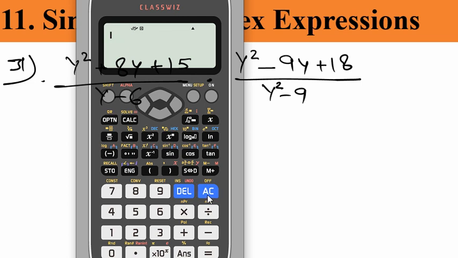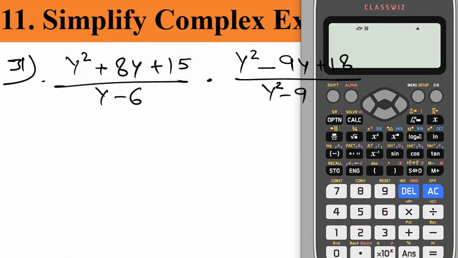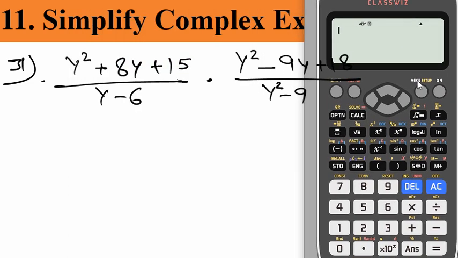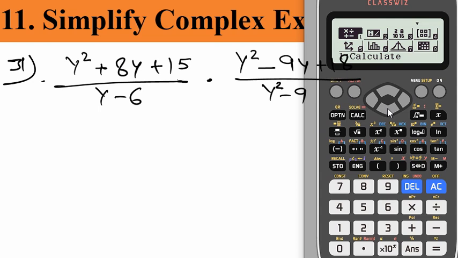And how do we use the calculator? We use mode, and then we go to the equation. If you have a different calculator, you can try that. This is the sign for equation. Select shift A. Where is A? Okay, here. Did I select? Okay, no.